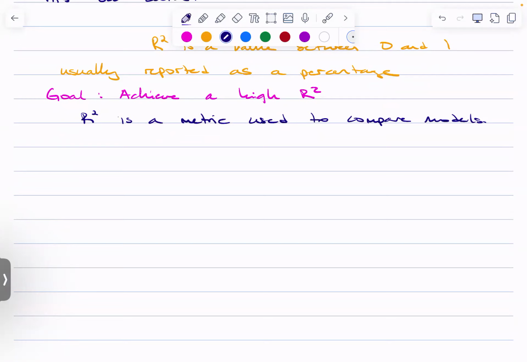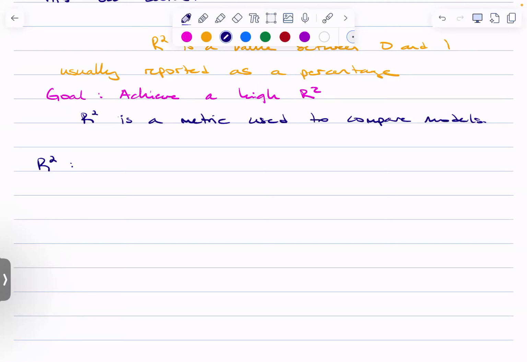Even people who are not in stats, but just doing research and writing reports, will talk about R-squared a lot. But I bet they couldn't tell you what the definition of the R-squared is. So the definition of the R-squared is this.